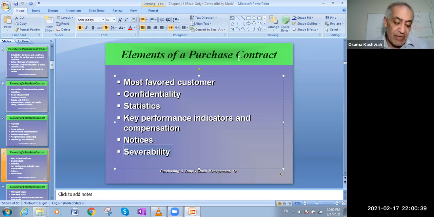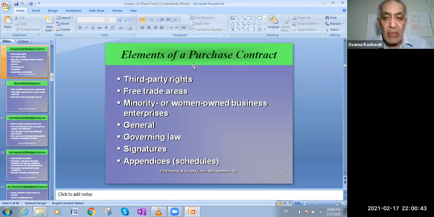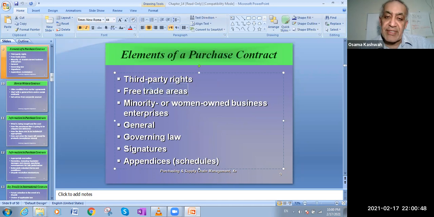Also on the next page, still the elements of the purchase contract: third-party rights, free trade areas, minority or woman-owned business enterprises, general governing law, signatures, and appendices. All this will be involved in the purchase contract as elements of it.